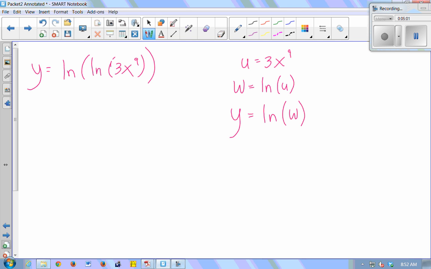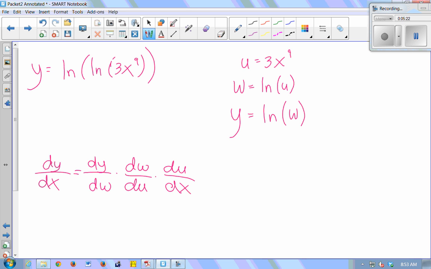All right, so if I want to find dy dx, the derivative of y with respect to x, I can write this as a chain. Well, that would be dy dw times dw du times du dx. So this is a chain where things cancel, right? My dw's cancel, my du's cancel, and I just end up with dy over dx.